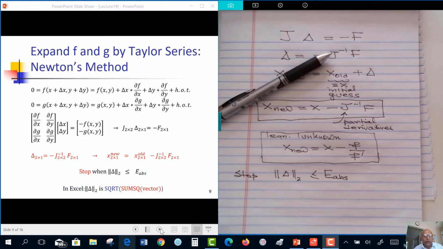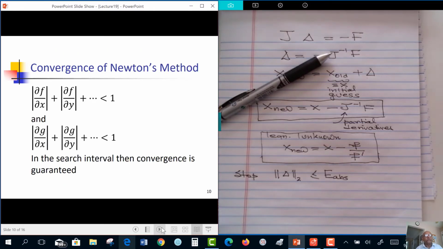Okay, let's do an example. Oh, before that, let's look at convergence of Newton's method. When we did the Newton-Raphson method, one equation, one unknown, we looked at derivatives. Now in this case, since we have lots of functions, what we want is that the partial derivative magnitudes should all add up to less than 1 in the search interval.